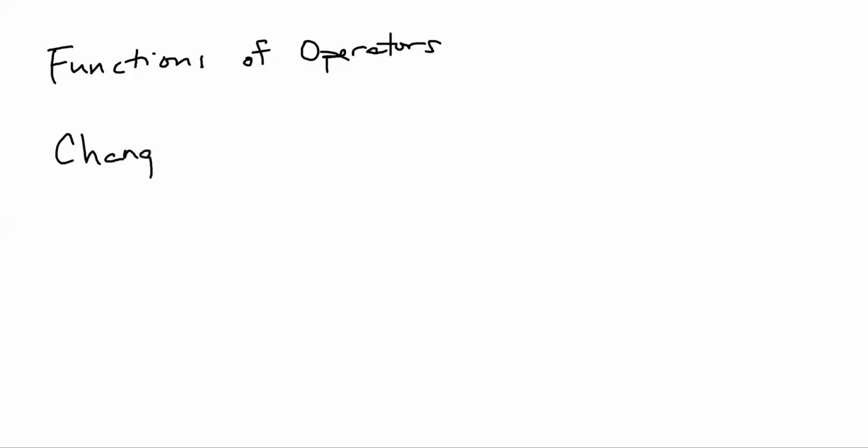You want to look at functions of operators at the end of this chapter. And then finally, you're going to look at the section on changing bases in Dirac notation.